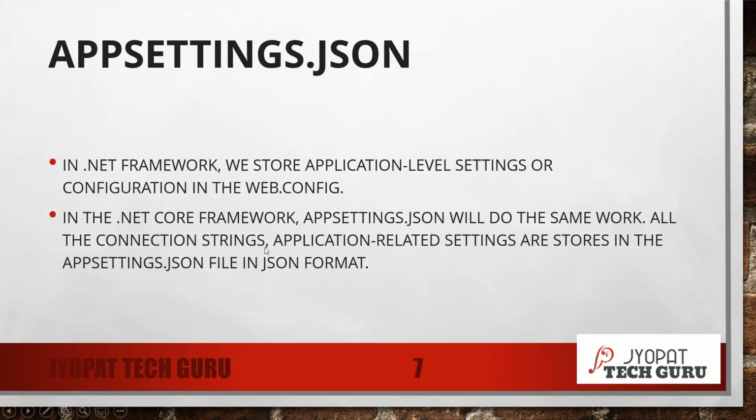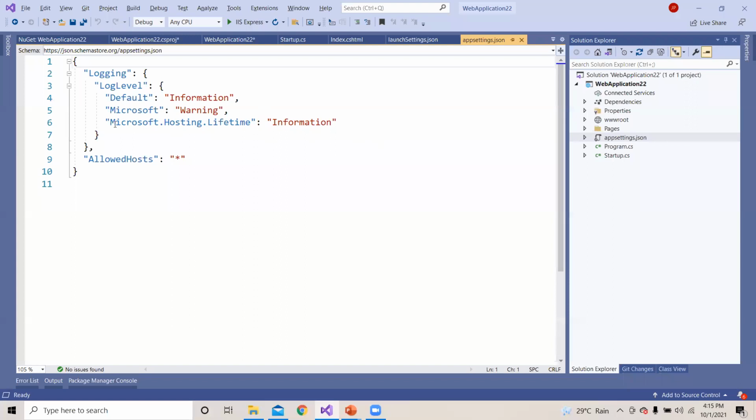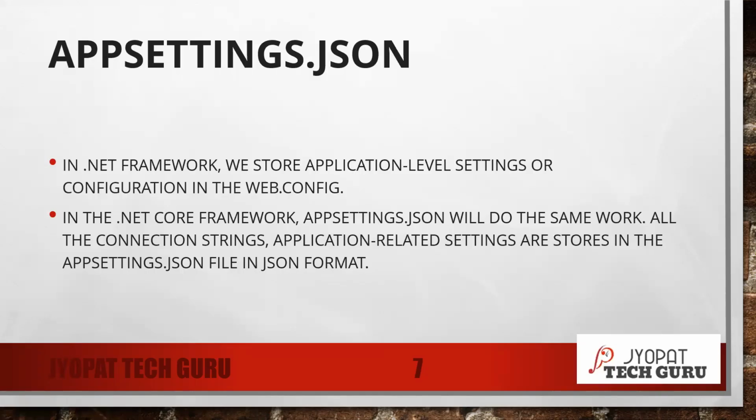All the connection strings and application-related settings are stored in the appsettings.json file in JSON format. You can think of this as the web.config file of your ASP.NET Core application, in which you can do connection related settings. Just as you add app settings within the web.config in a normal ASP.NET application when connecting to a database, similarly you can do the connection settings over here.